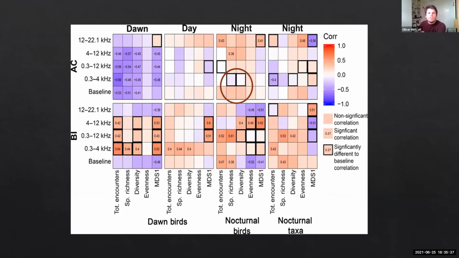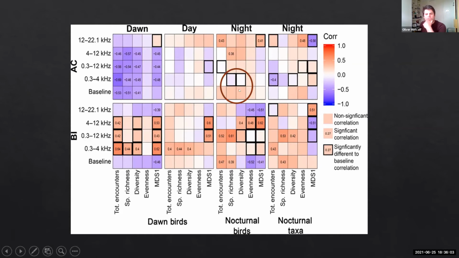So for instance, it's quite a busy figure, so I've highlighted some of the important areas. So at night, you would expect 0.3 to 4 kilohertz is essentially the only place that birds vocalize. So you would expect that to have the most accurate correlation with bird species richness and bird diversity. And here we see it's completely inverse to the baseline or any of the other index scores.